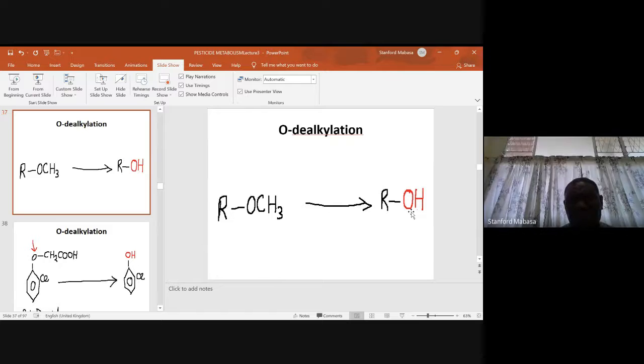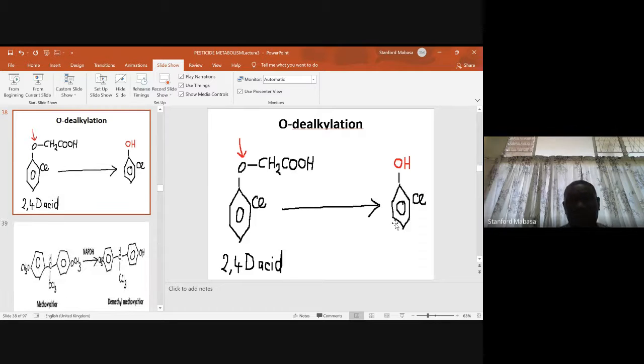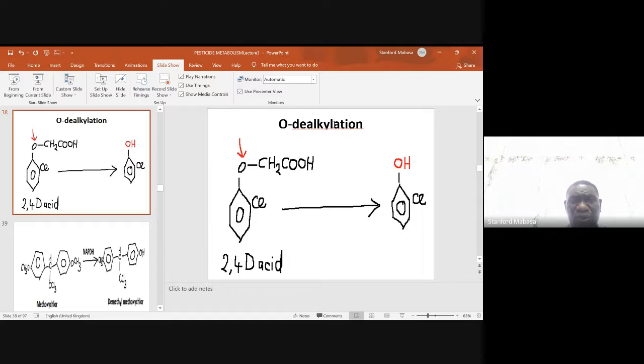Instead of focusing on the complex molecule, we are just focusing on something which is simple. This is 2,4-D acid. Breakdown or dealkylation can take place here, where we can remove this whole bit and replace it with an OH. This is actually making this 2,4-D less toxic.